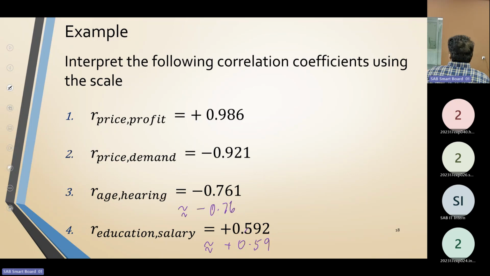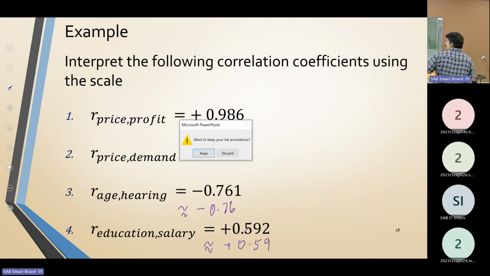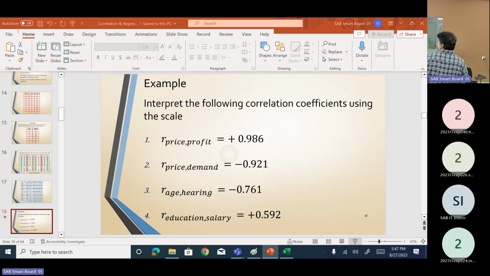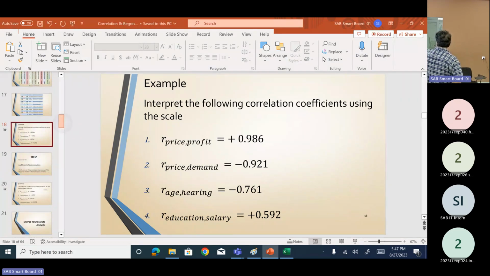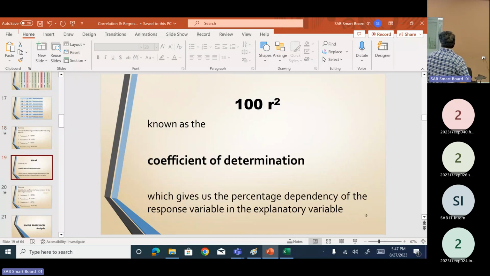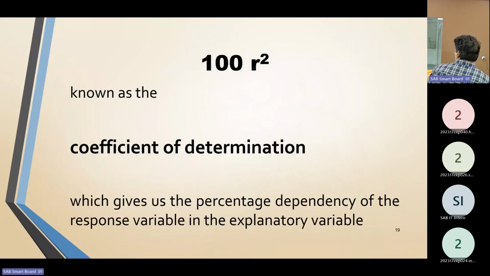So after calculating the R value, we can identify what sort of relationship there is. To interpret, we use the scale we developed. Finally, what else can we do with the correlation? If we know the R value, then easily we can calculate 100 R squared.